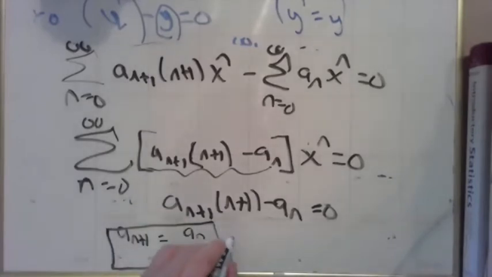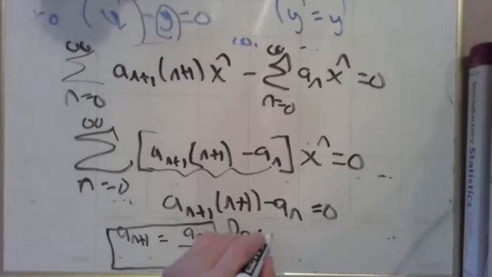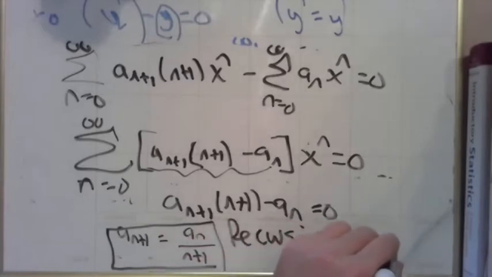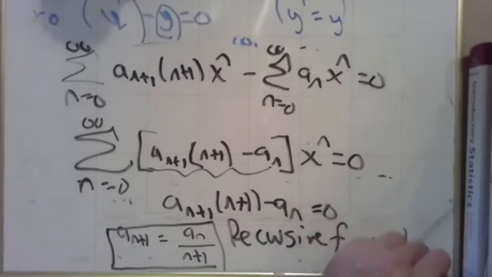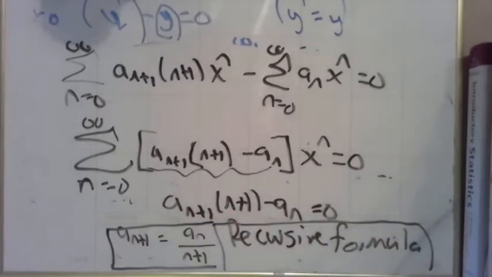This is called a recursive formula. And we're always going to get a recursive formula. We're always going to find higher order terms, higher order coefficients in terms of lower order ones. We're going to use this to generate a bunch of our terms.